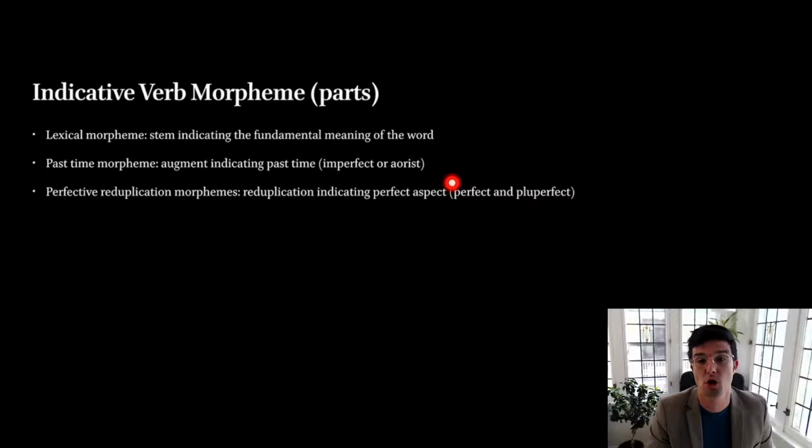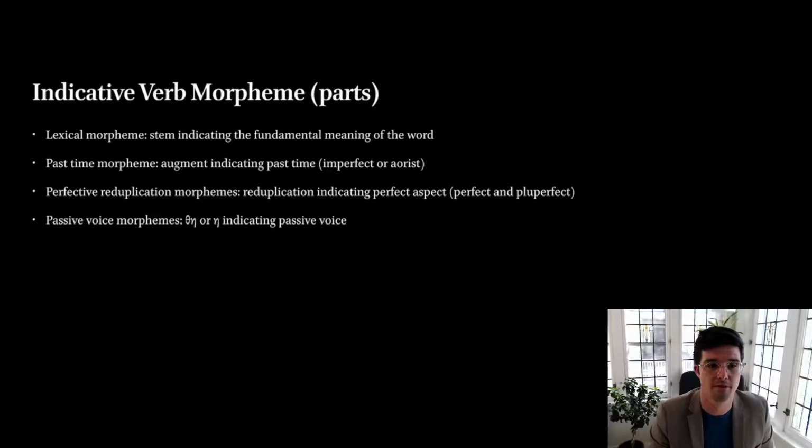Sometimes reduplication will be just an epsilon stuck before the stem of the word, and also sometimes you'll see a sort of zero form reduplication where the reduplication is not entirely obvious, where there hasn't been a real change to the beginning of the verb.